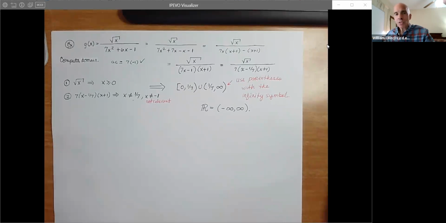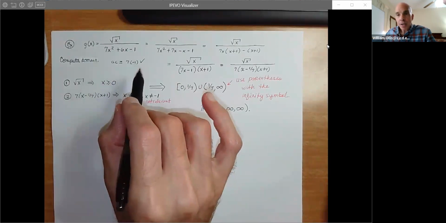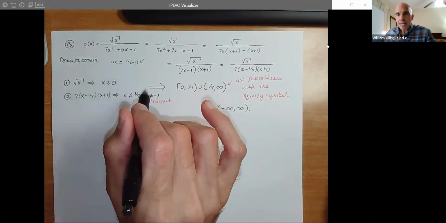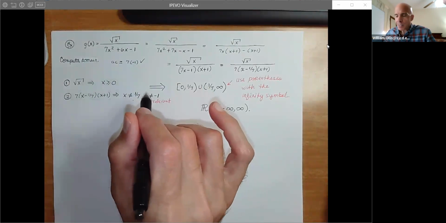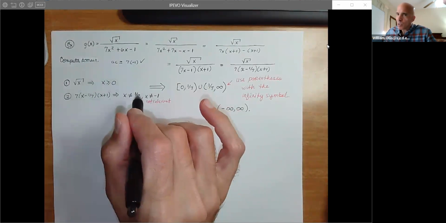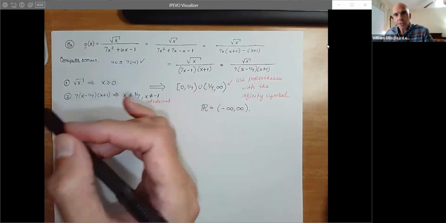Now, what I want to emphasize here is, even though a lot of what we do in this class seems to have no end or no real purpose, for instance, okay, so I know how to compute a domain, yay, that's good.